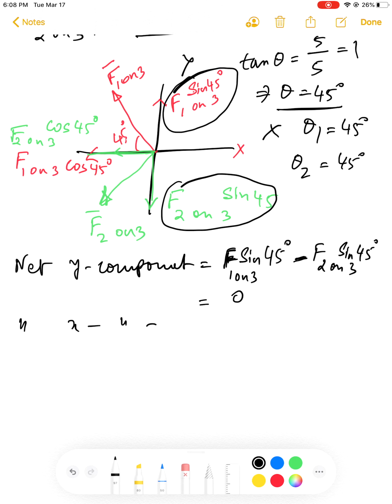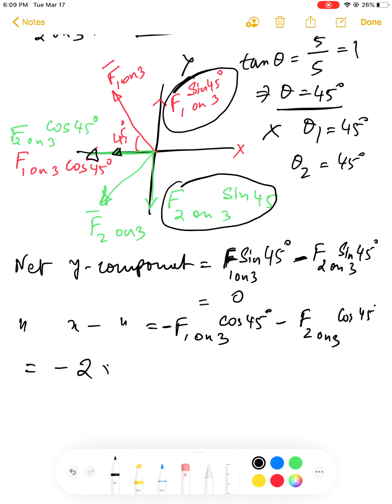Net x component will not be 0, right? Because they are both pointing in the same direction. So you will have F1 on 3 cosine 45 with a negative sign, minus F2 on 3 cosine 45.